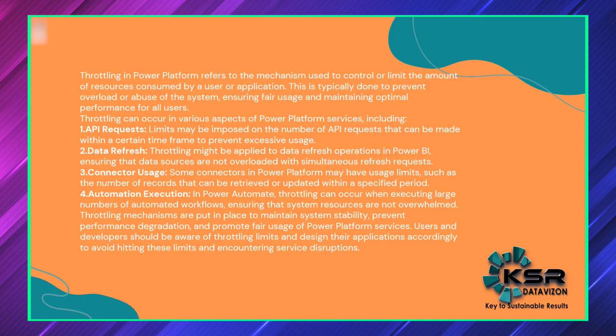Let me give you an example. You have a scheduled flow called a happy birthday flow, which should work daily. But since the throttling effect is in the picture, it won't work daily, and you will be amazed why your birthday flow is not working. Or suppose you are working for a bank.